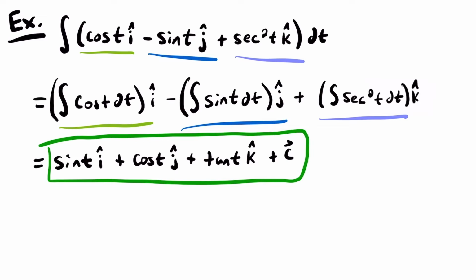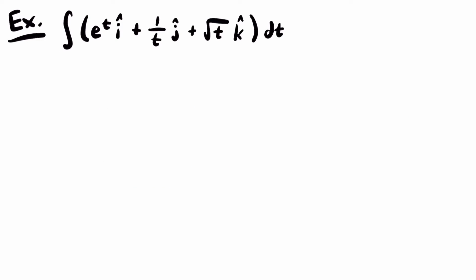Pretty simple, not too difficult, but it is a good refresher on some of your trig rules for integration that will come up fairly often throughout this course. All right, let's take a look at another example. This time we have another indefinite integral, but our vector function has components of e to the power of t, 1 divided by t, and the square root of t.